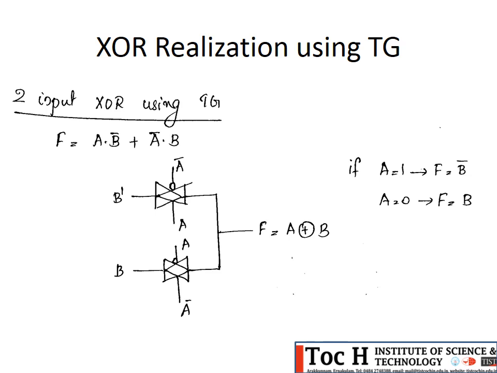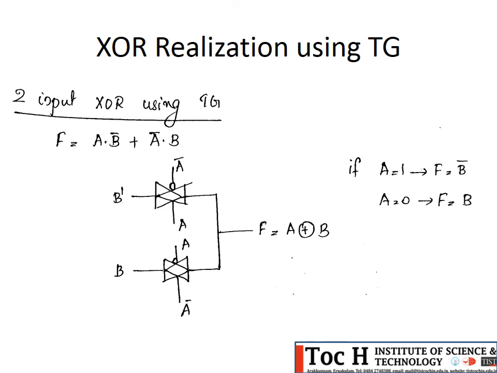In the coming slides I have used this configuration, that is, PMOS is at the top and NMOS is at the bottom. And just remember to realize this function, A dot B bar plus A bar dot B, the N switch will actually realize it.